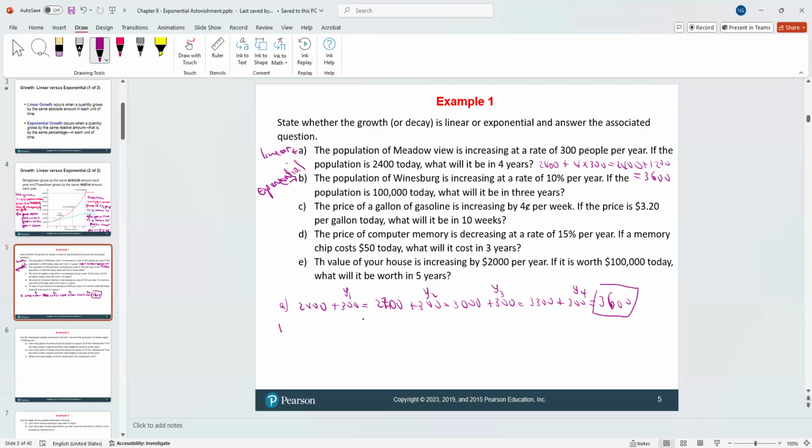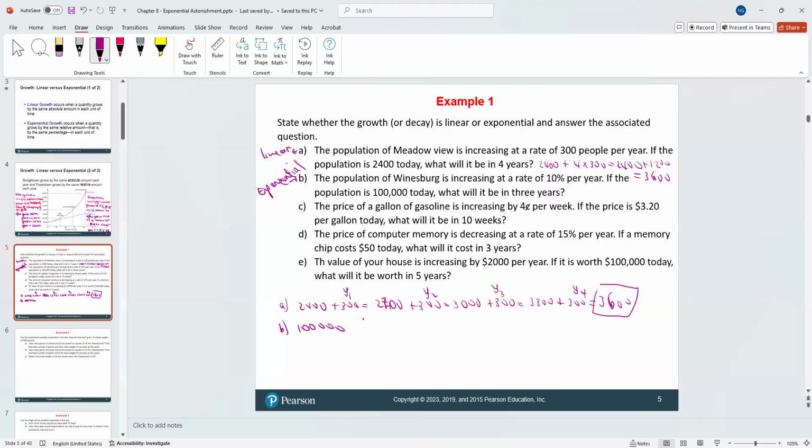Now, there are different ways of doing it. They ask you if the population is 100,000 today, which is your initial, what would it be in 3 years? You can take 10% of this in the first year and add it. We have different ways of doing it. But suppose you go 10% of every year. You can try to do that also.